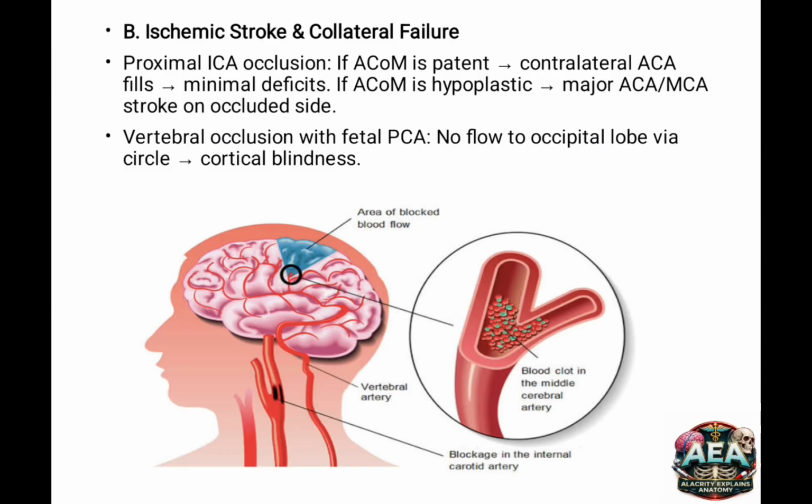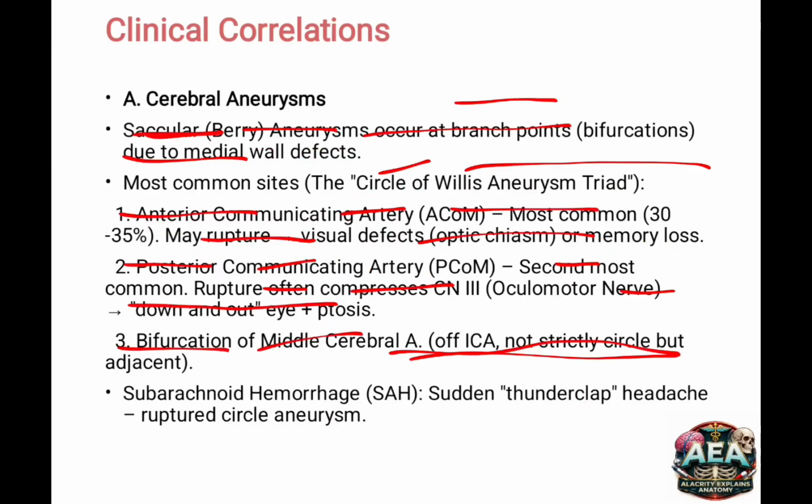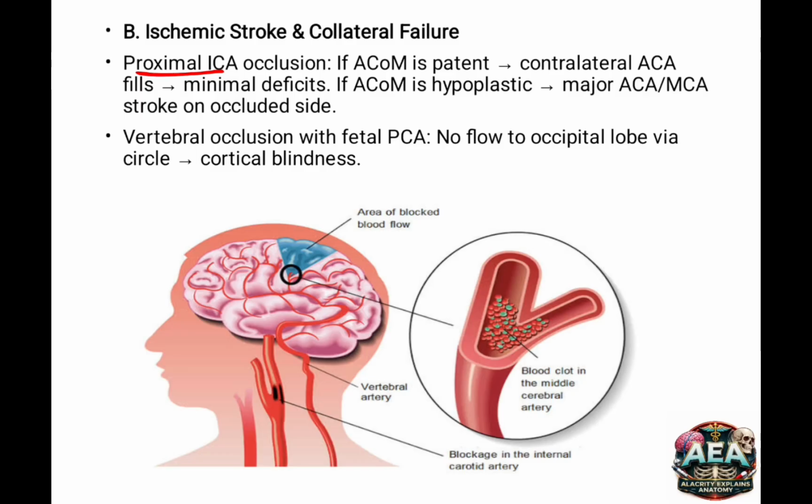So we have ischemic stroke and collateral failure. The proximal internal carotid artery occlusion. In case of a proximal internal carotid artery occlusion, remember we said earlier that we can have a variation whereby there is an absent anterior communicating artery, so the right and left anterior cerebral arteries are not connected to each other, and there is no anterior collateral pathway connecting this system.